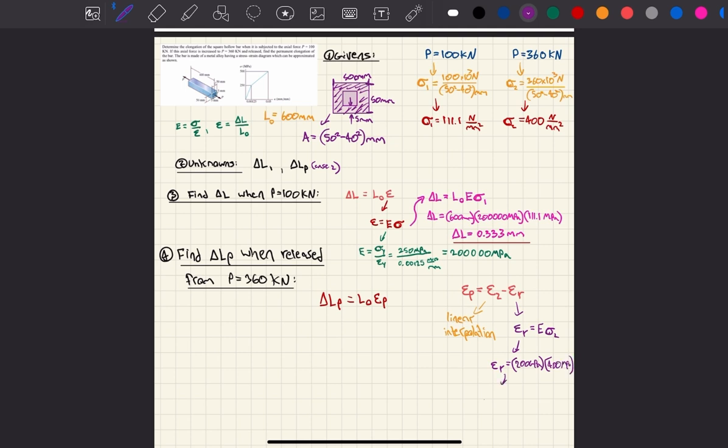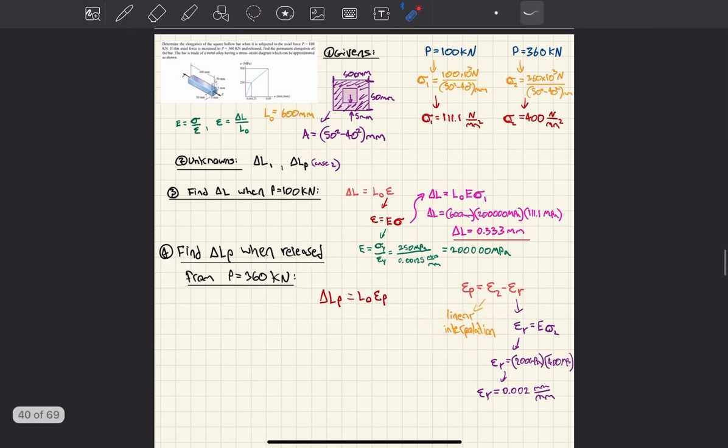What am I going to get the strain to be? The elastic strain is going to equal 0.002 millimeters per millimeter.